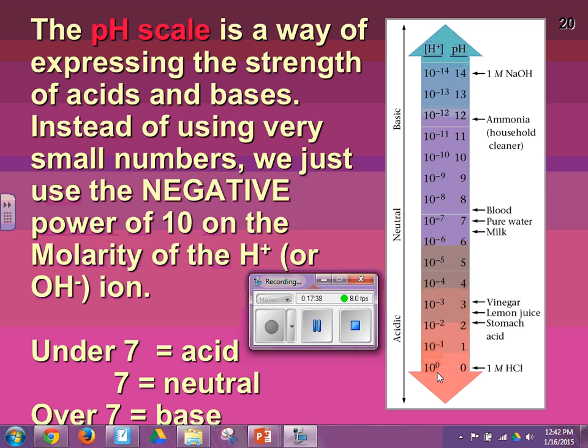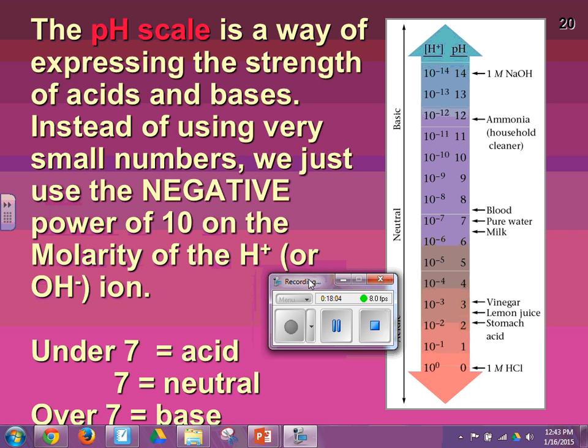And when you have small amounts of hydroxide and high amounts of hydrogen ions or hydronium ions, we're talking about something very, very acidic. So 1 molar HCl would be something that is extremely acidic, something that has lots of hydronium ions running around in it versus how many hydroxide ions you have running around in it.